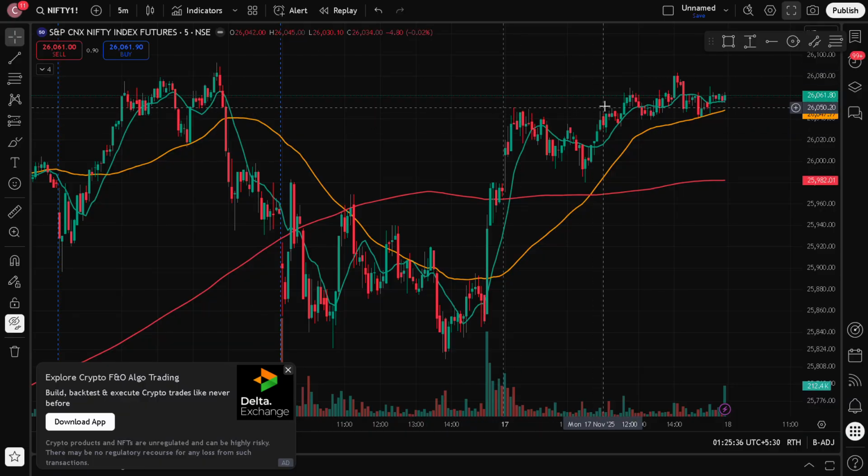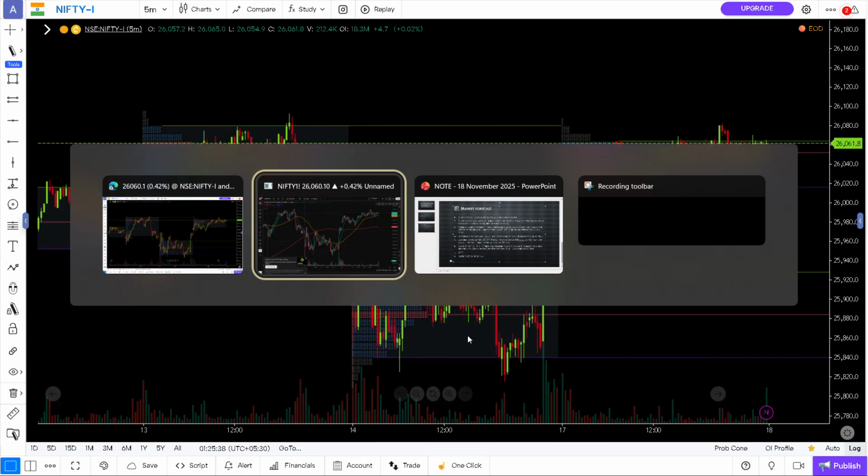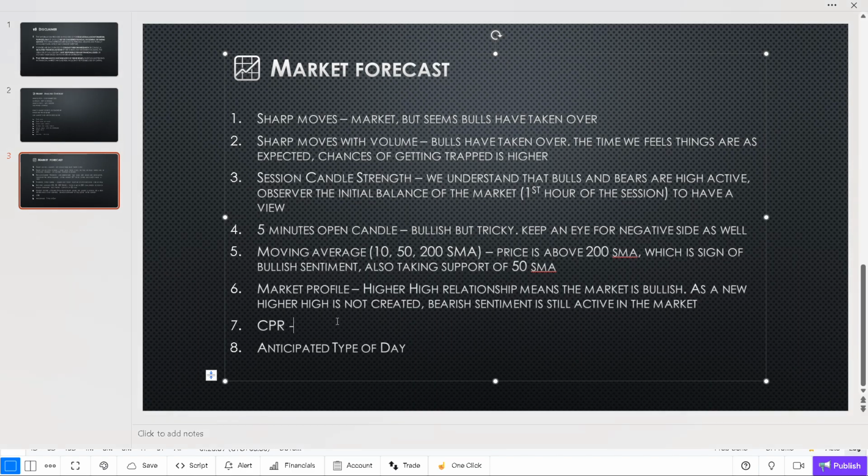it is clearly evident that the market was sideways and the CPR's width will be narrow for tomorrow.